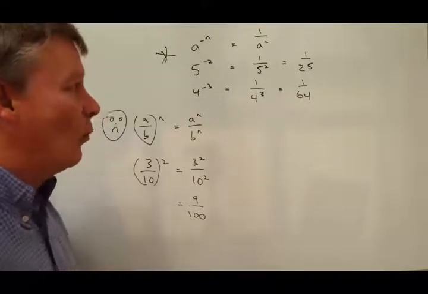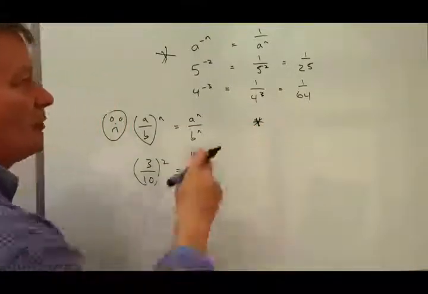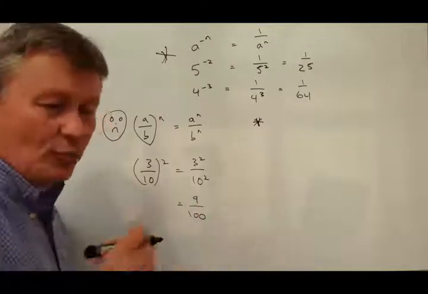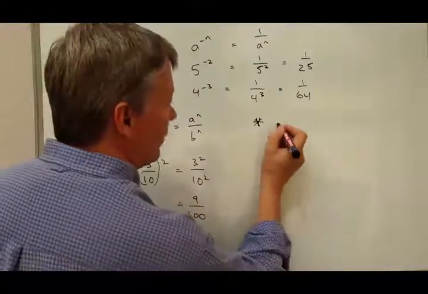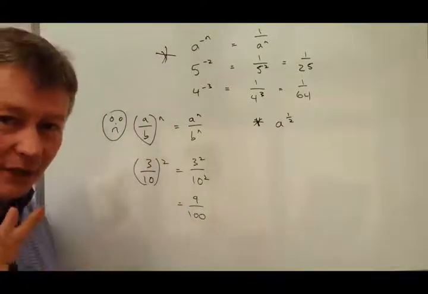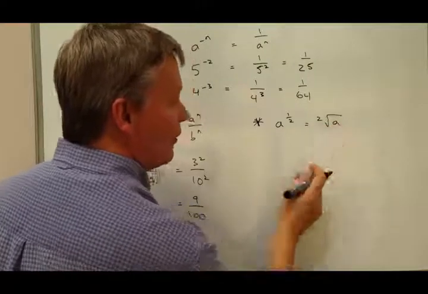Okay, so one that you will come across also, which is quite popular, and you need to remember these two particularly, is something called fractional powers. Where it'll say something like a to the power of a half. Well, a to the power of a half is exactly the same as saying the square root of a.